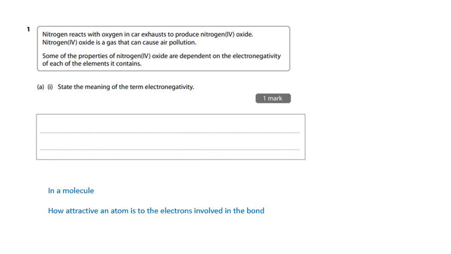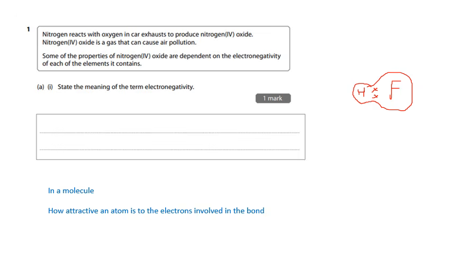Okay, I'll explain that. In other words, let's say you've got something like hydrogen fluoride. There's an H and there's an F, and it's a covalent bond. So they're sharing a couple of electrons, but basically the fluorine atom is much more attractive.